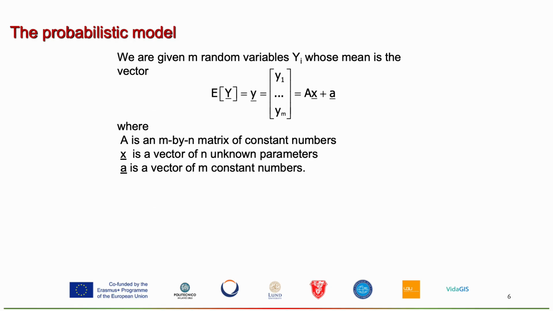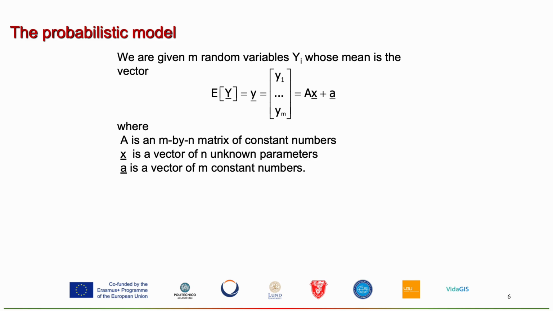So let's write the general model. We have a number m of random variables that we can call capital W_i, whose mean is given by the following deterministic or functional mathematical relation.